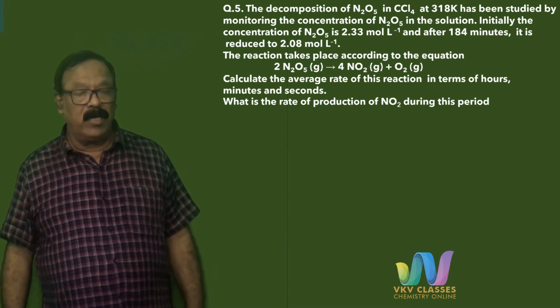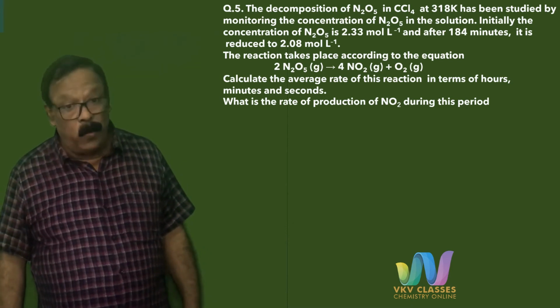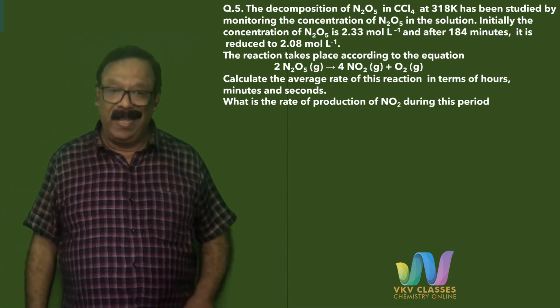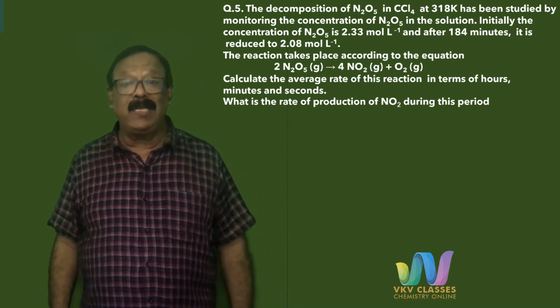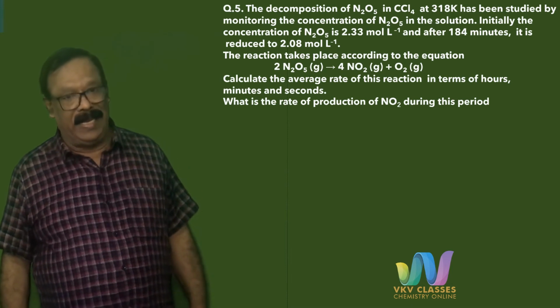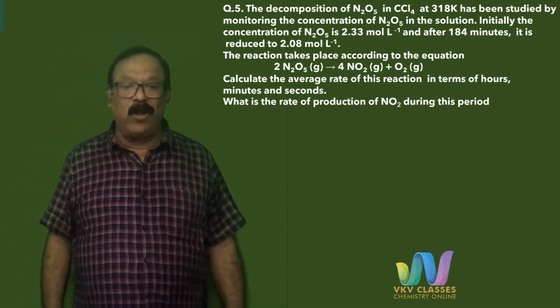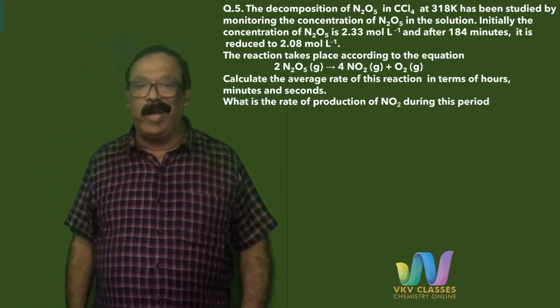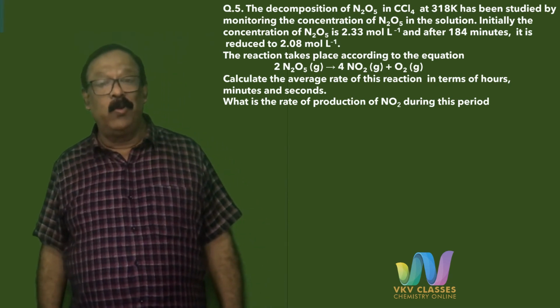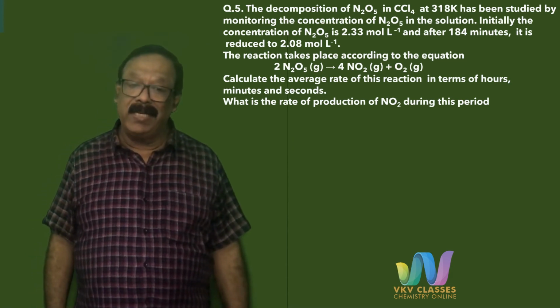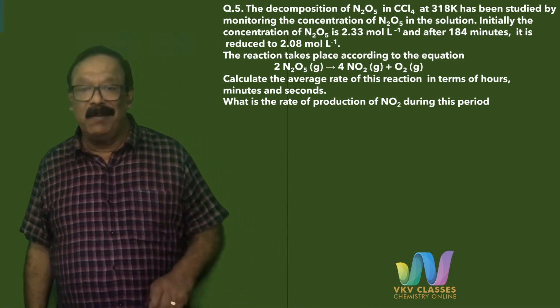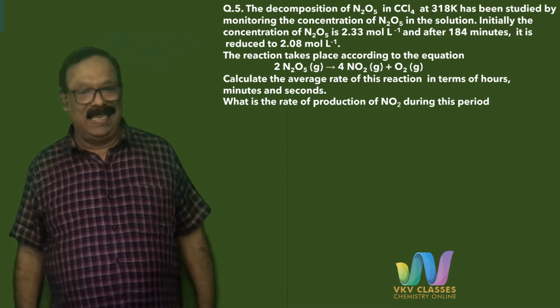Initially, the concentration of N2O5 is 2.33 mole per liter, and after 184 minutes, it is reduced to 2.08 mole per liter. The reaction takes place according to the equation 2N2O5 gives 4NO2 plus O2. Calculate the average rate of reaction in terms of hours, minutes, and seconds.